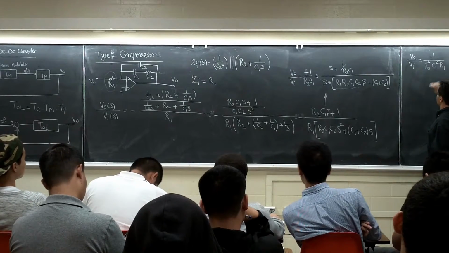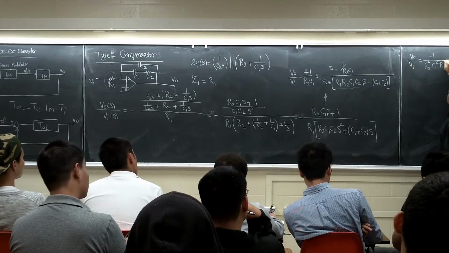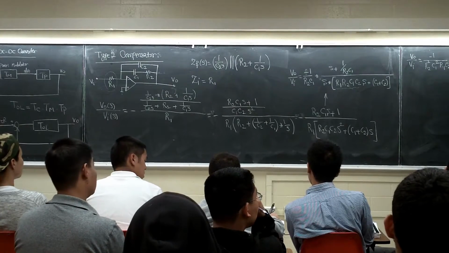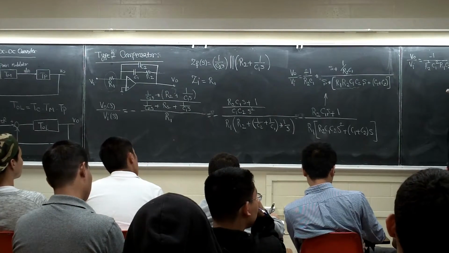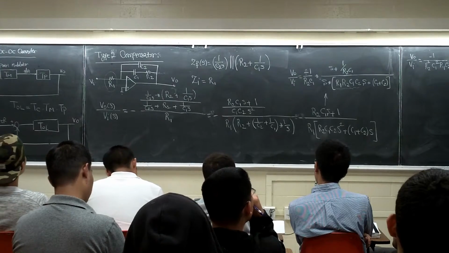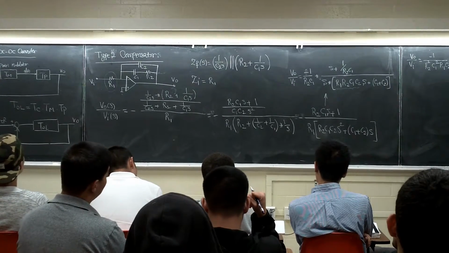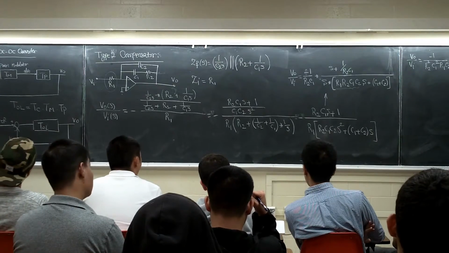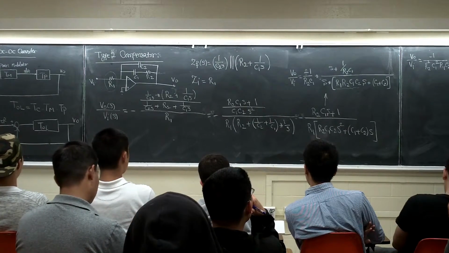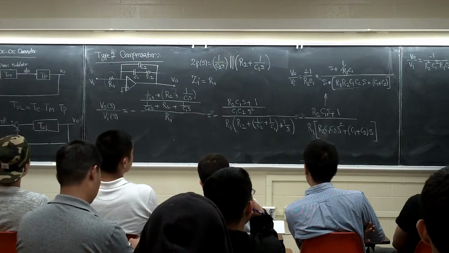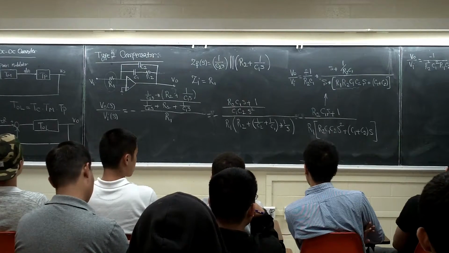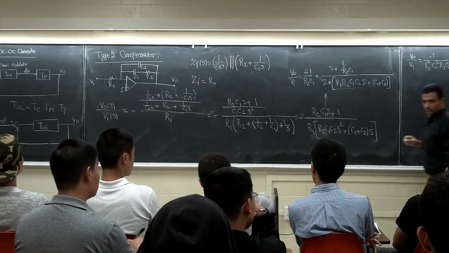R1 C2 times S plus 1 over R2 C1, and this is going to be S plus this one divided by this, which is going to be 1 over, let's put this, C1 plus C2 over R1 times R2 C1 C2. Right? That's the transfer function.